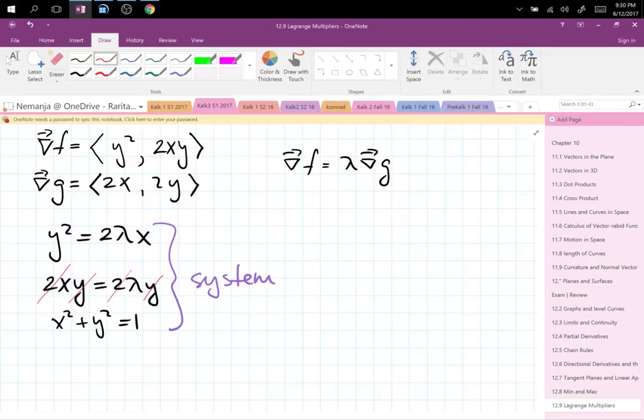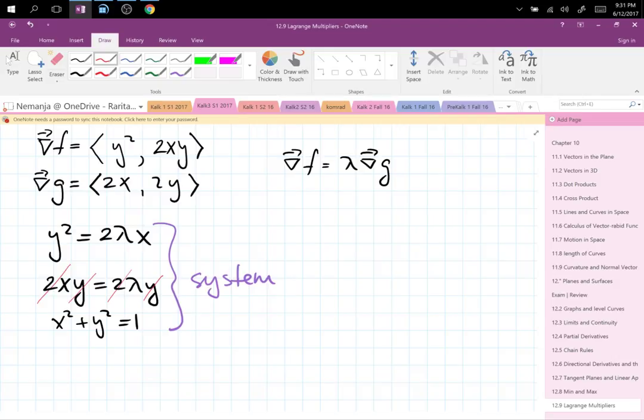In this case, however, I see that if I allow y to be 0, then on the top equation, y equal to 0 would mean that x is equal to 0, and then both y and x would be 0, which doesn't work in the third equation because 0 plus 0 cannot be 1.